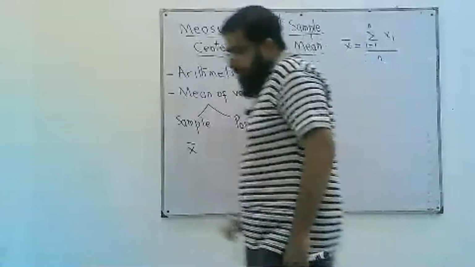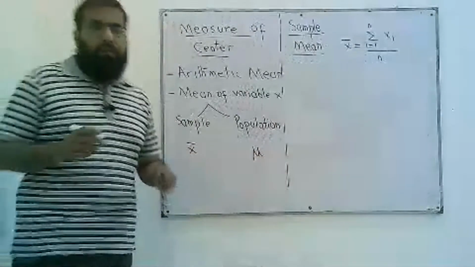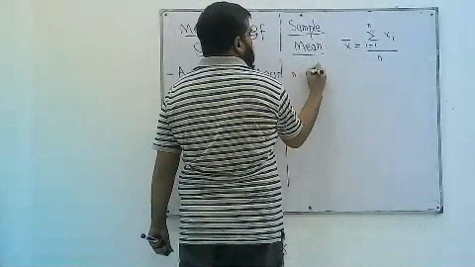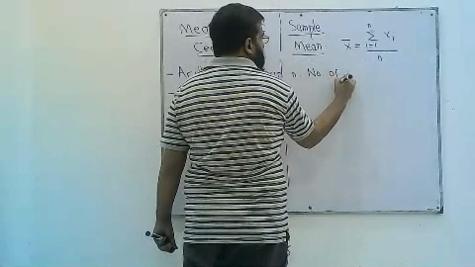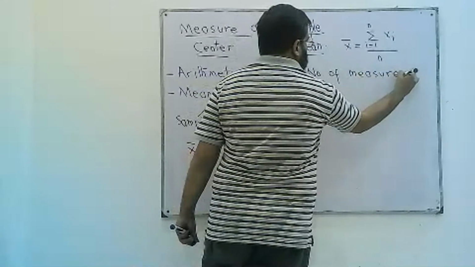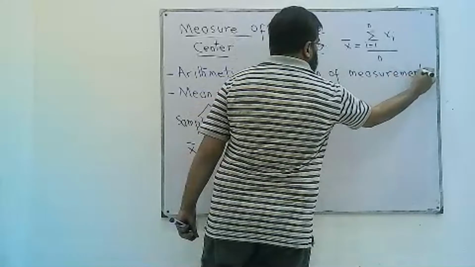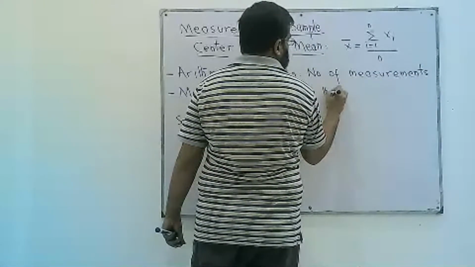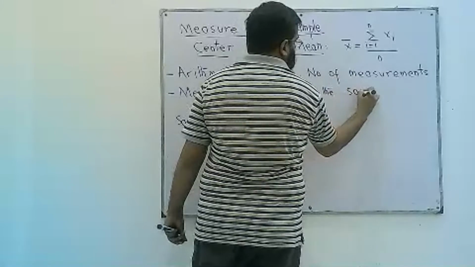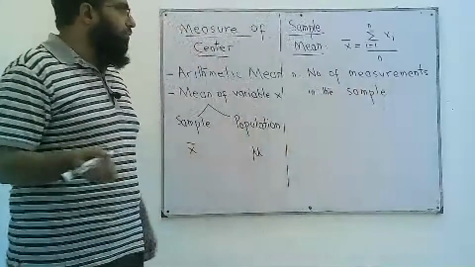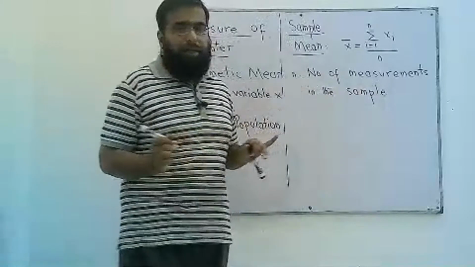What is this n? The sample contains some measurements, so n is the number of measurements in the sample. We are going to study an example just after 1 or 2 minutes, and that n would be clear.